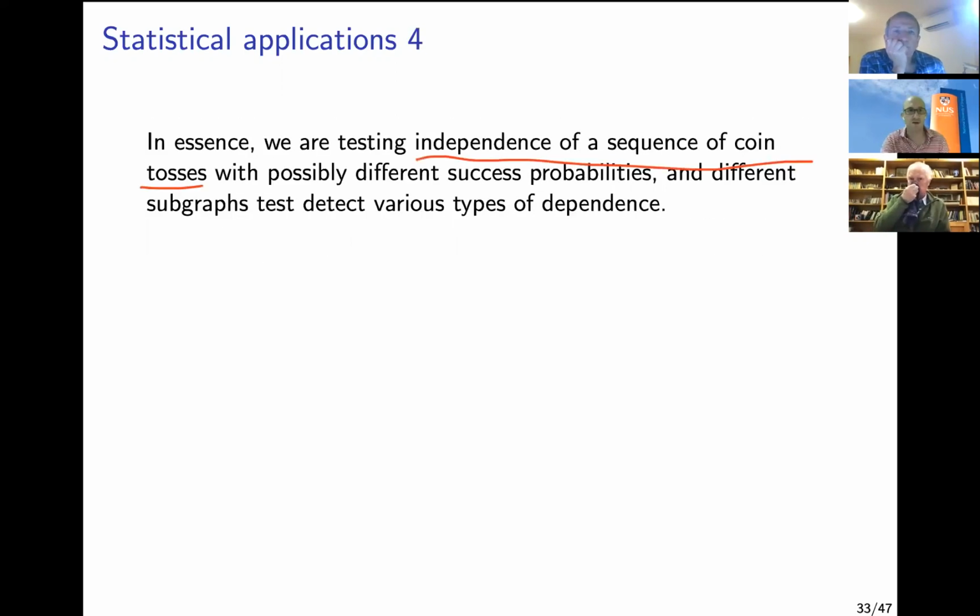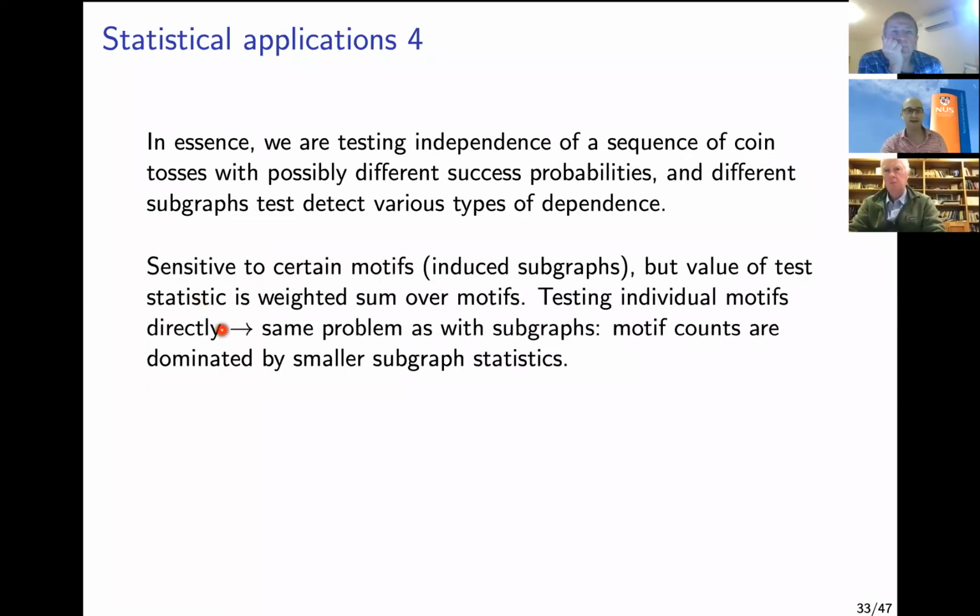They don't have to be the same success probabilities, but they're modeled by what we think are the connection probabilities. And so the different subgraphs are sensitive to different types of dependence in your sequence of coin tosses, geared towards network applications.